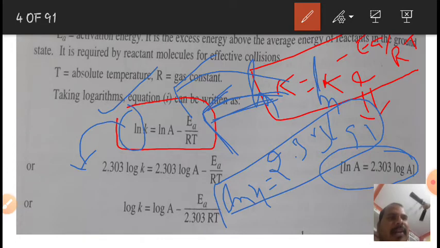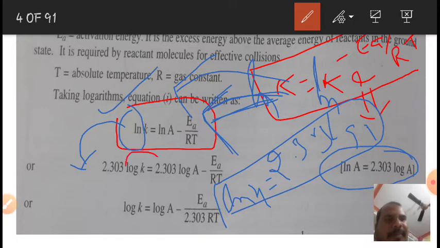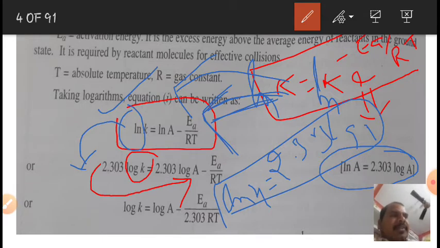I want this log k, so I am moving this 2.303 from the left side to the right side of the equation. So we get log k is equal to log A minus EA by 2.303 RT.